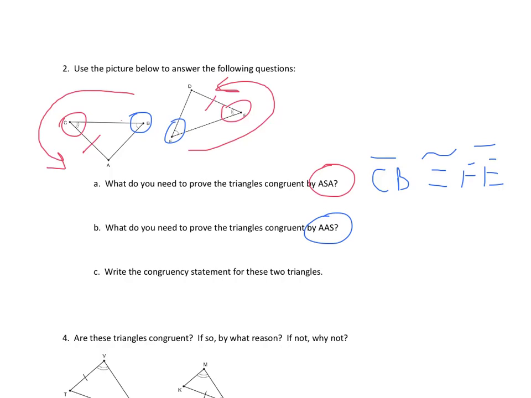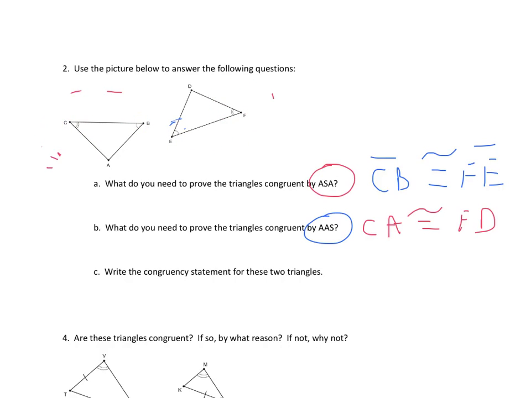So I could either have, let's call it CA congruent to FD, or if I know this angle and this angle, and then this angle and this angle, if I'm going the other way, I could go this way around, and then it would be side AB here, and then side ED.